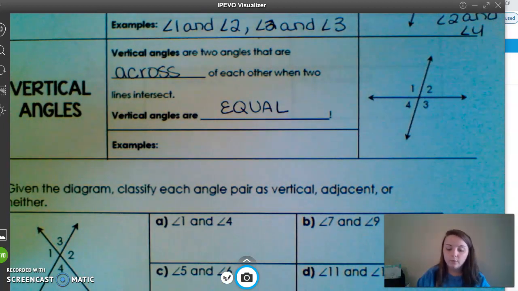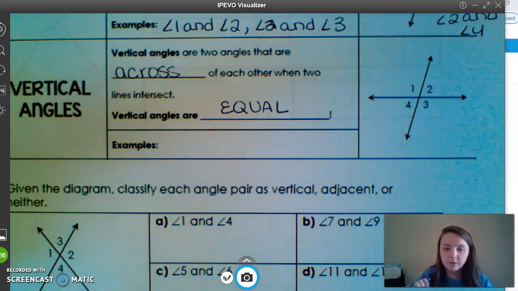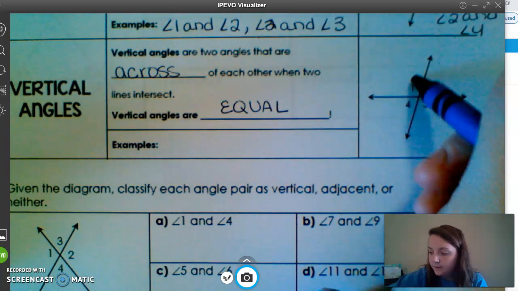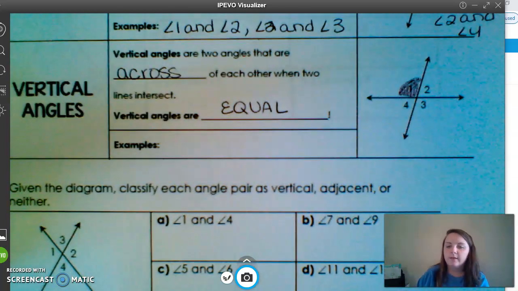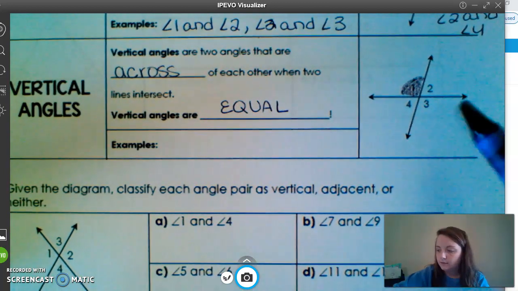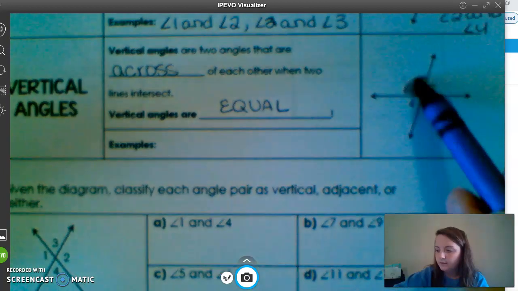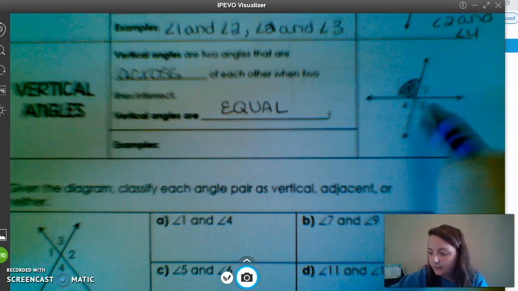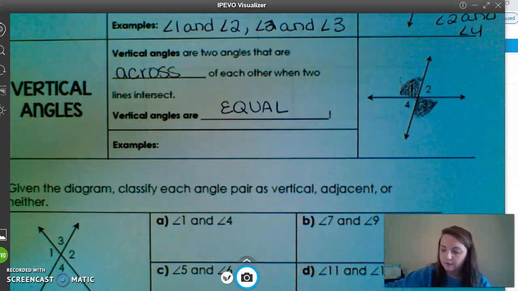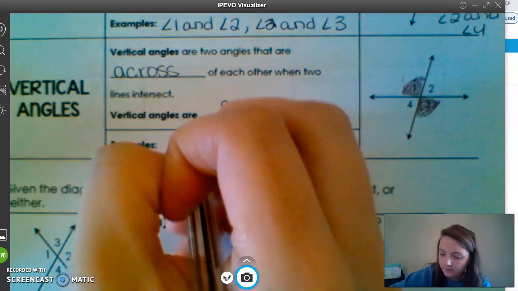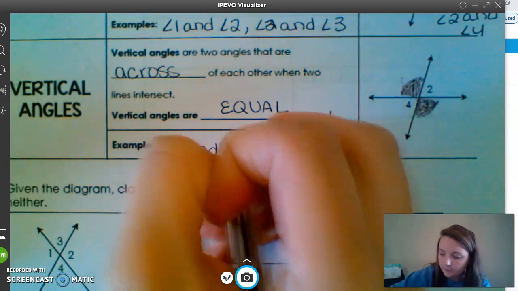Vertical angles are equal. So if we're talking about angles that are across from each other, I look at angle 1. What angle is directly across from angle 1? I go directly across the vertex. Angle 3. Those are directly across from each other. So angle 1 and angle 3.